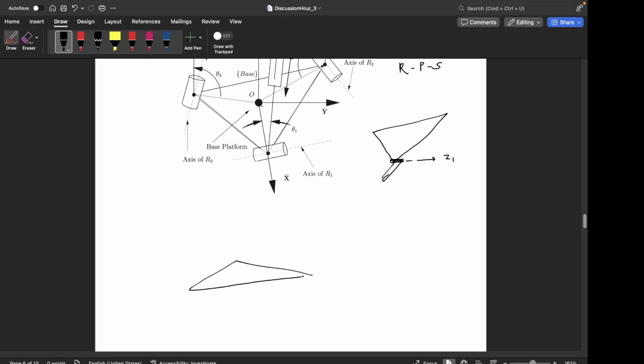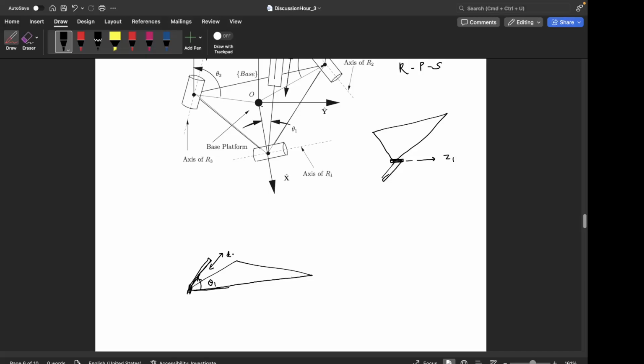So let's say this is the hinge here, the revolute joint, and the link attached to it is like this. And this is the base, and this can rotate. This is what they are describing as theta 1.